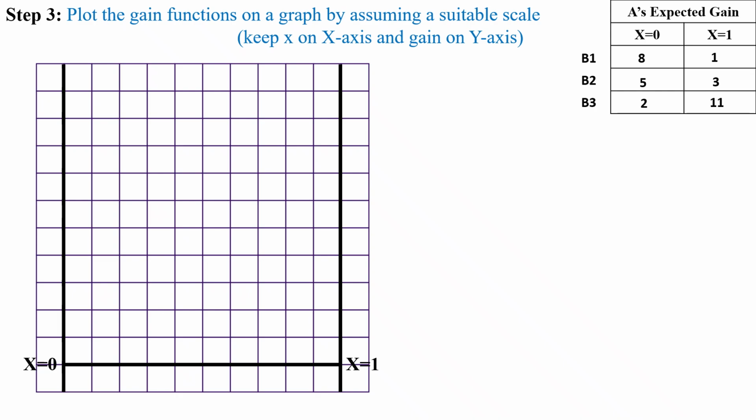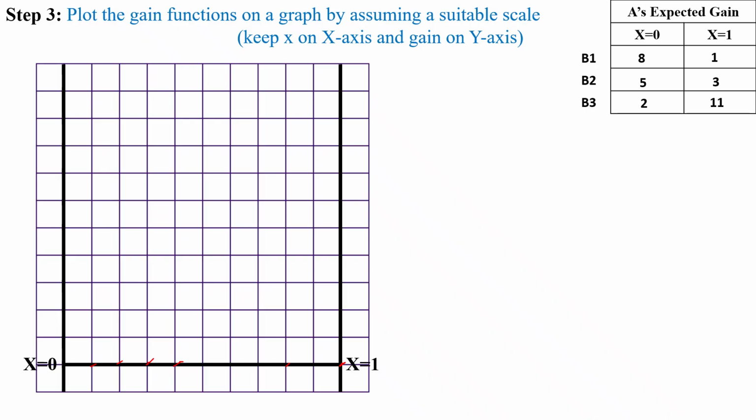So this is the graph sheet. Here x ranges from 0 to 1, so this is 0, 0.1, 0.2, 0.3, 0.4, 0.5, 0.6, 0.7, 0.8, 0.9 and 1. So on the x-axis keep the x values, that is 0 to 1.